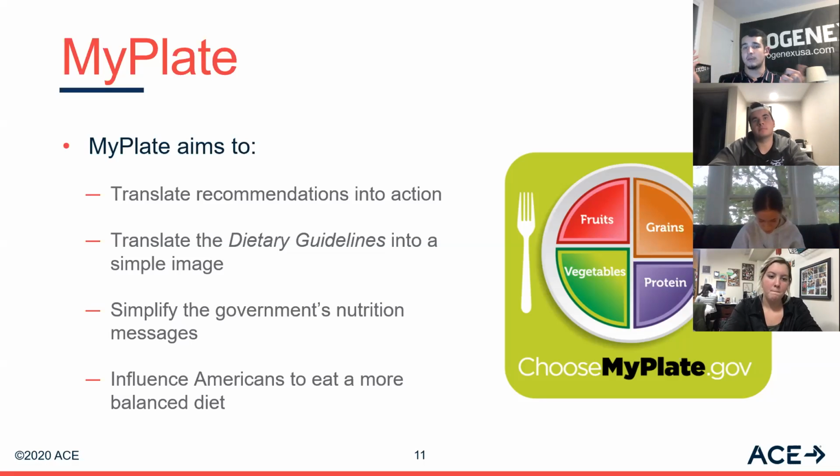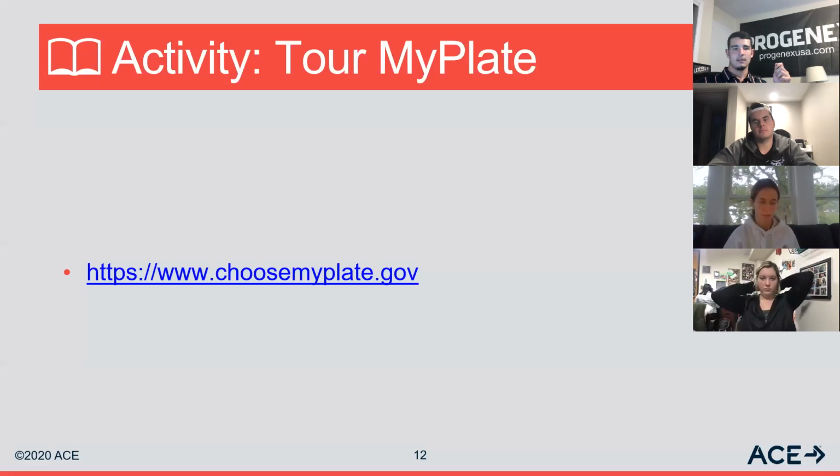The government has this wonderful website called choosemyplate.gov. It has a lot of nutritional information. Go check it out. So that's something that you can always direct people towards, and it kind of just makes everything simpler on your part, and it makes this information very presentable to a large audience. So there's the link if you want to check it out.